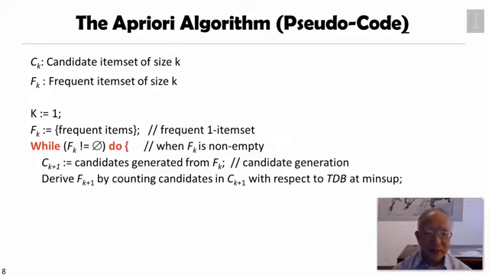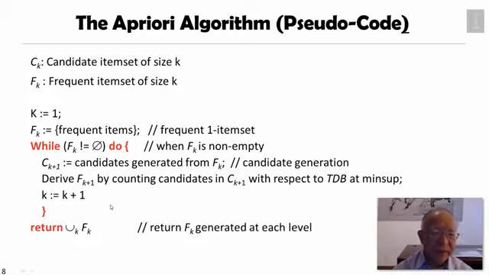Then we go against the database using the minimum support to see which k plus 1 candidate item sets are frequent. We derive the frequent k plus 1 item sets. Then we reset k to k plus 1 until we get out of this loop. We just return all the frequent k item sets for all the k's derived.